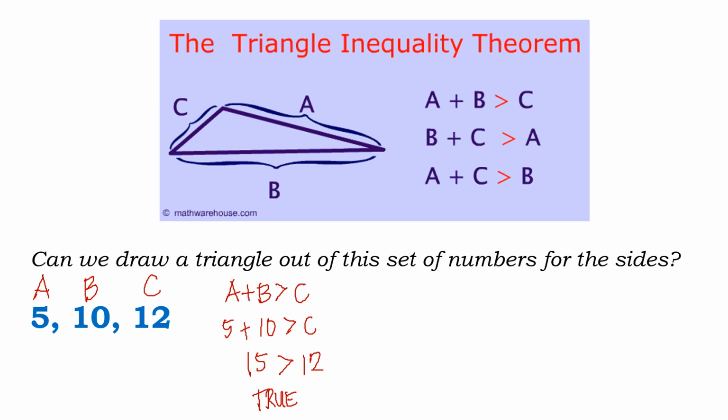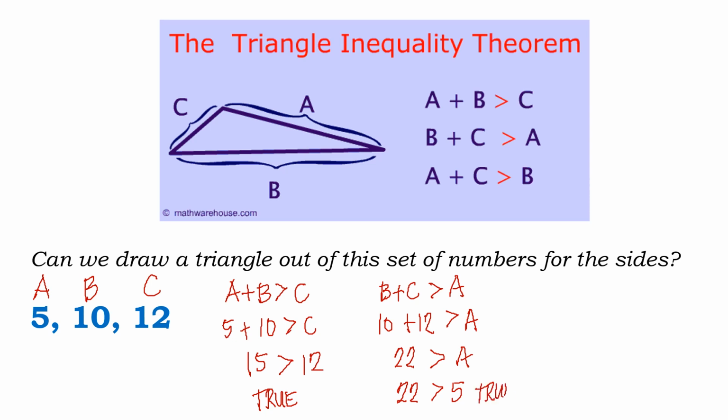The next one is B plus C should be greater than A. Our B is 10 and our C is 12, so 10 plus 12, that is 22. It should be greater than A, and the value of A is 5. So 22 is greater than 5. So this is true.